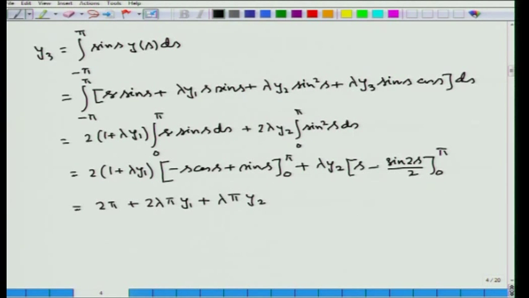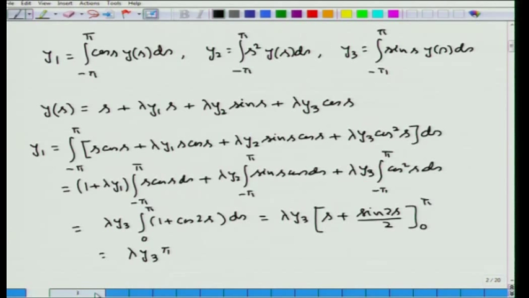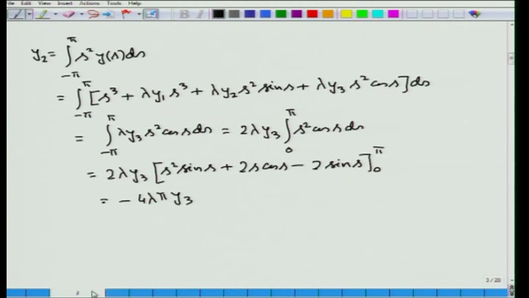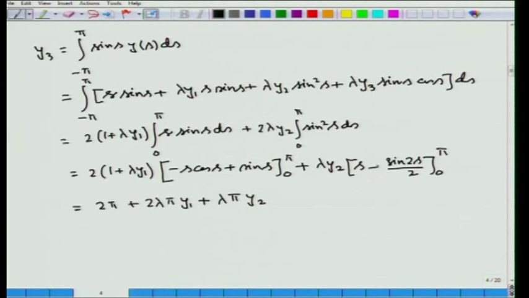So, now if we collect all the equations that we have obtained, from the first we have obtained y 1 equal to lambda pi y 3, then y 2 equal to minus 4 lambda pi y 3, and finally y 3 equal to 2 pi plus 2 lambda pi y 1 plus lambda pi y 2.